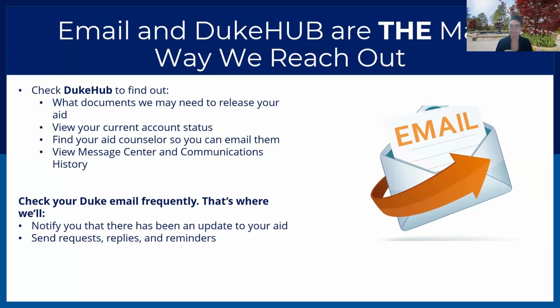So in the coming December, January, February of 2027, you would be completing the process all over again. So we notify you through your Duke Hub, on your Duke to-do list, through email communications, and notices in the message center. So do pay attention to that so that you don't miss anything or forget to submit any documentation.